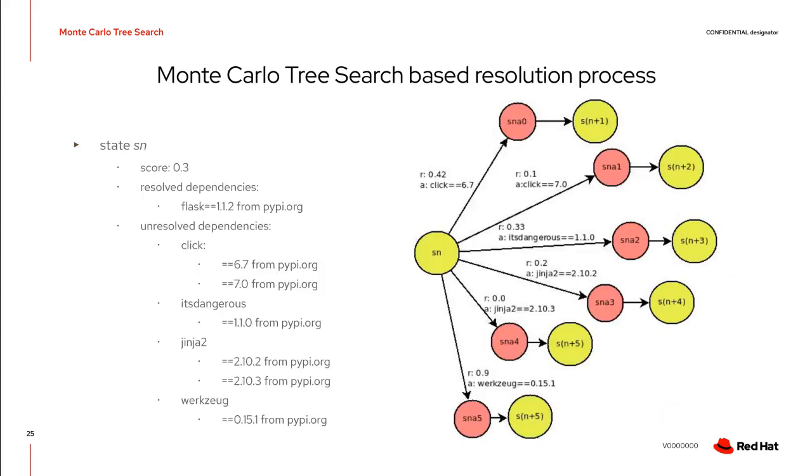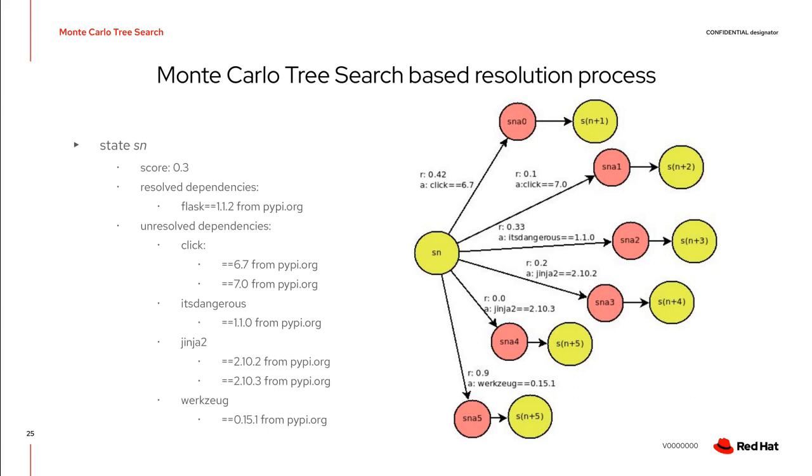Okay, so let's have a look at some details. Let's consider that we have some state Sn, formed out of a resolved dependencies set and an unresolved dependencies set, as stated before.